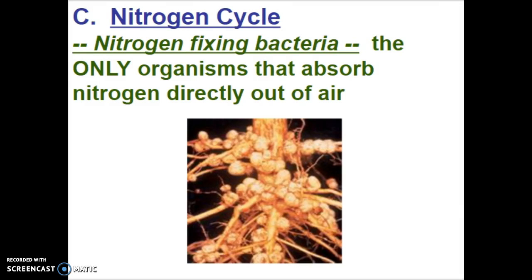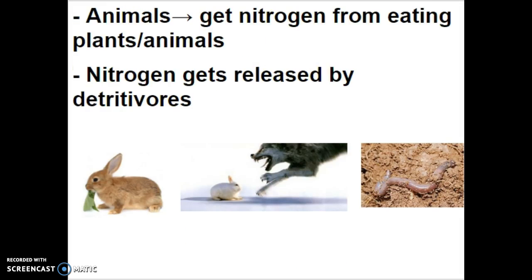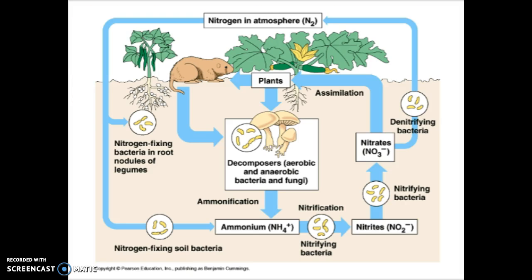So then herbivores come by and nibble on the plant, and they get their nitrogen that way. Carnivore comes by and nibbles on little herbivore to get their nitrogen that way, and once everything dies, those detritivores will get their nitrogen from the dead organic material. And this can also happen in aquatic and terrestrial ecosystems.